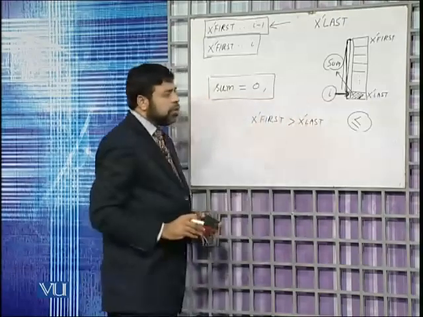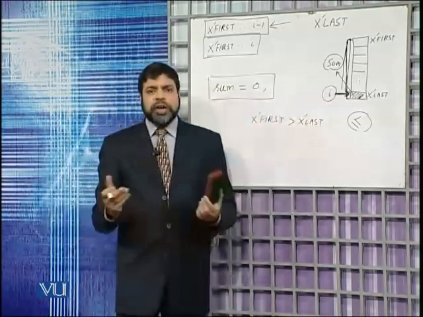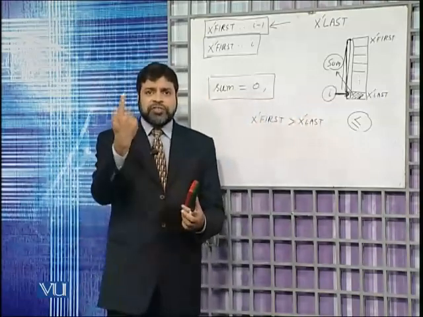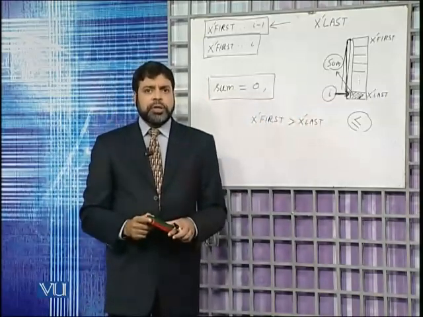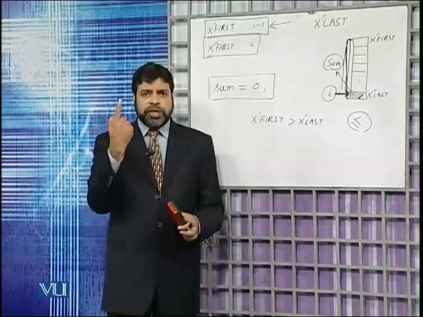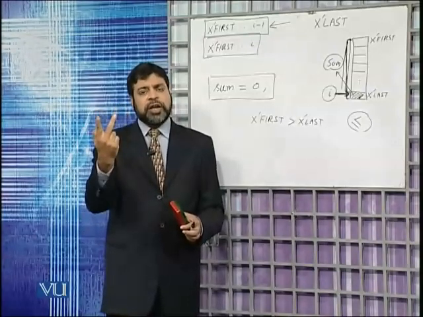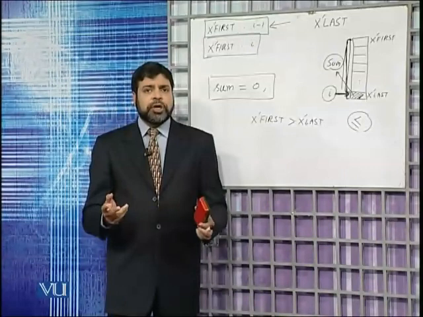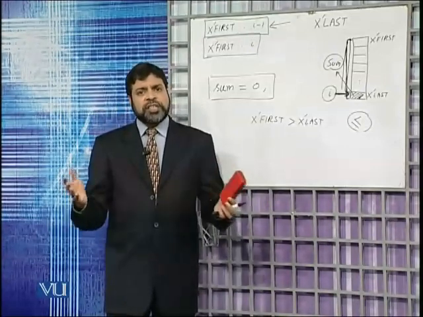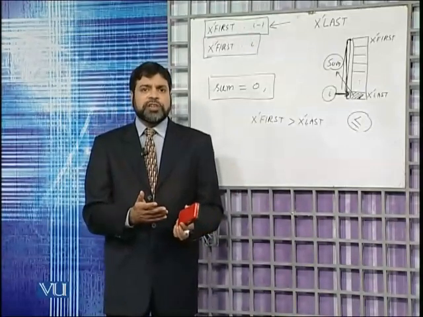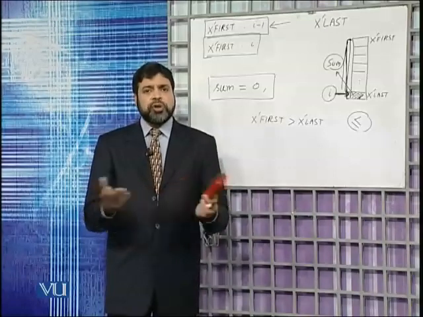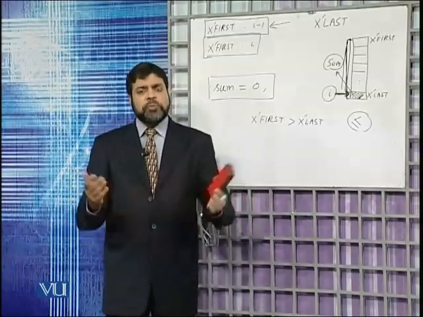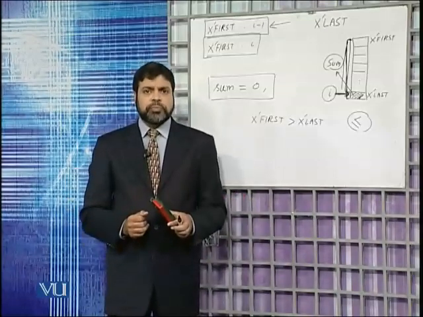When the two are equal, that means there is one element in the array. So if there is one element, then x first and x last will be equal. And if x last is greater than x first, that means there is more than one element present. So we don't have a problem in that particular case.